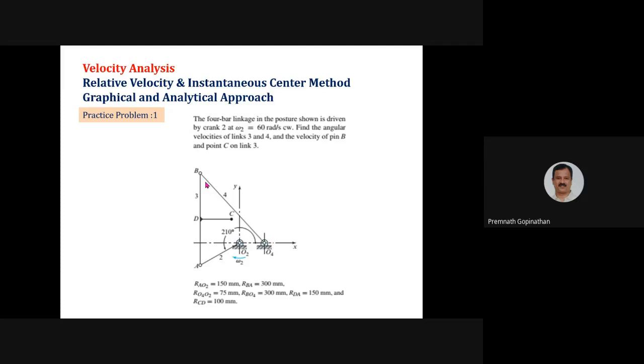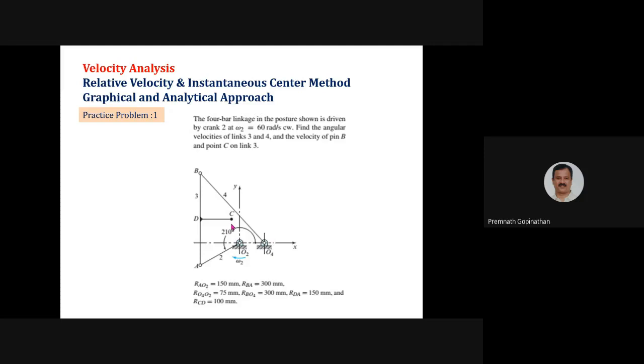You can see DC is the other extension. Actually, at point B, it is firmly welded together, so it is integral part of link 3. So point C is also part of link 3. So I'll be concentrating on link 3 to find out the velocities for point B and C. And also you can find out what is the angular velocity of link 3 from that particular solution itself.